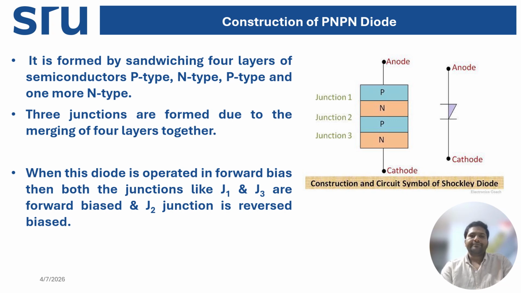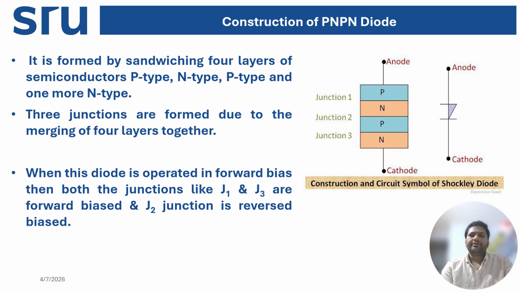The layer sequence is P-type semiconductor material, N-type semiconductor material, again P-type and N-type semiconductor material. Because of this arrangement, three junctions are created, that is junction 1, junction 2 and junction 3, reflected in the picture.